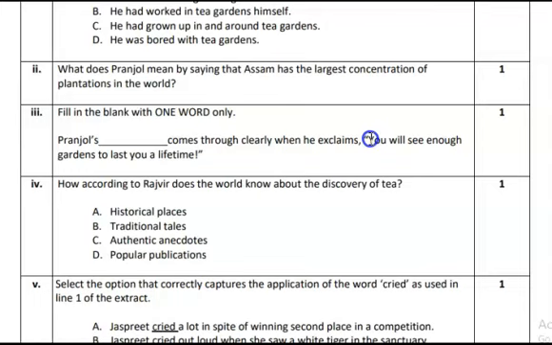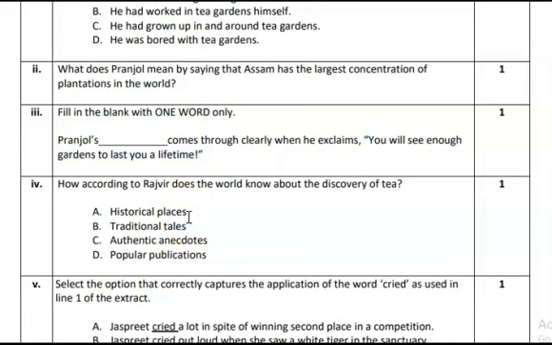So it is clear that he is irritated when Rajbir is speaking all about plantations and tea. So you can say that it is Pranjal's irritation or vexation or annoyance, or in CBSE some words are given like frustration, irritation, exasperation. So I think the third question is also easier, means you are getting 3 by 3.